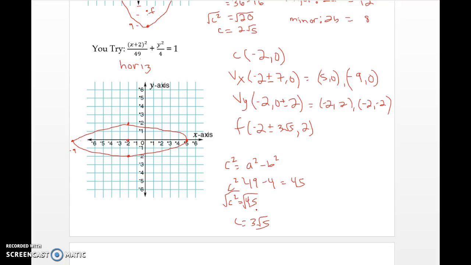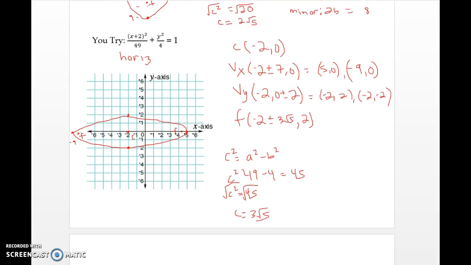That's like 6 point, let's say 7, just about 7. So 1, 2, 3, 4, 5, 6, and then a little bit. And that's going to be one of your foci. This is your center. And we'll go 1, 2, 3, 4, 5, 6, and a little bit. And that's your foci. So you can kind of eyeball it. And that should be your graph.